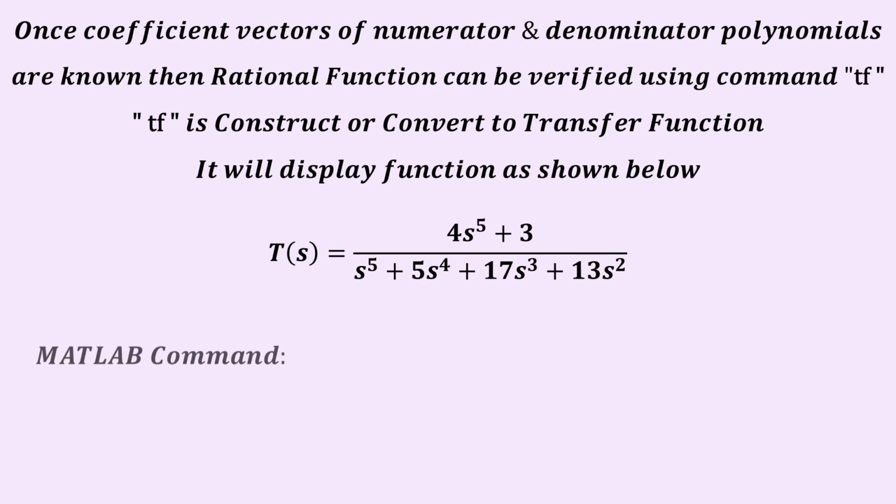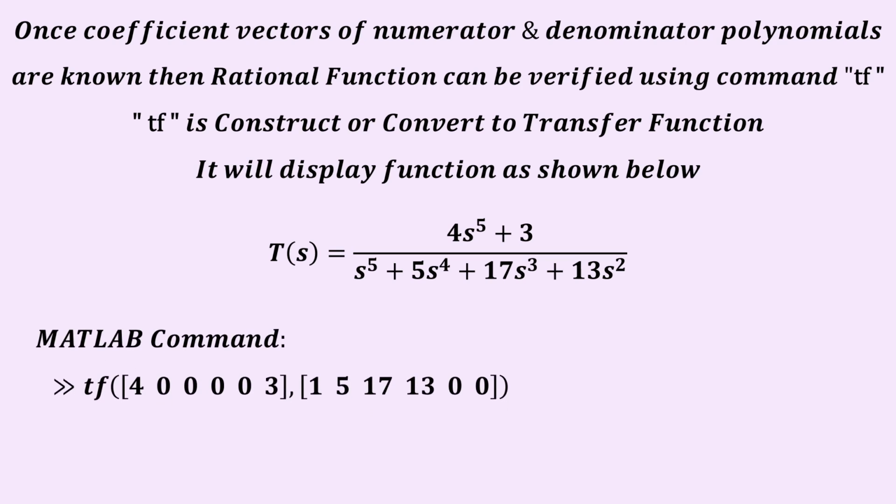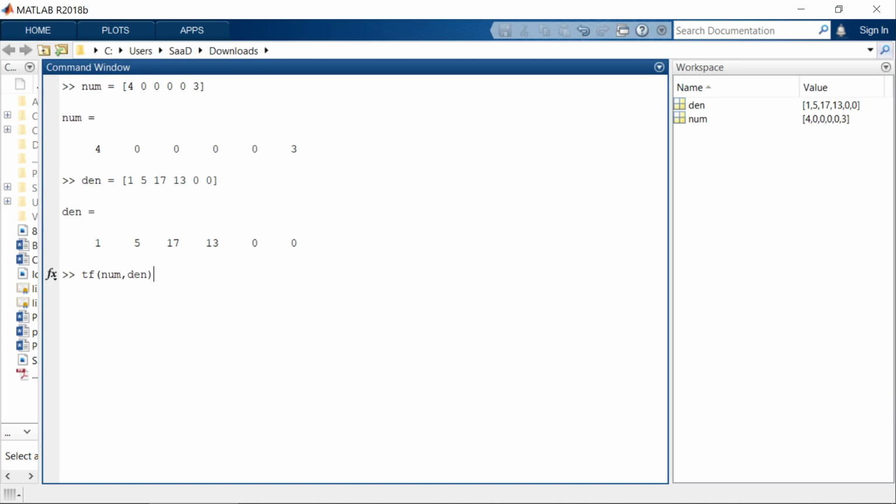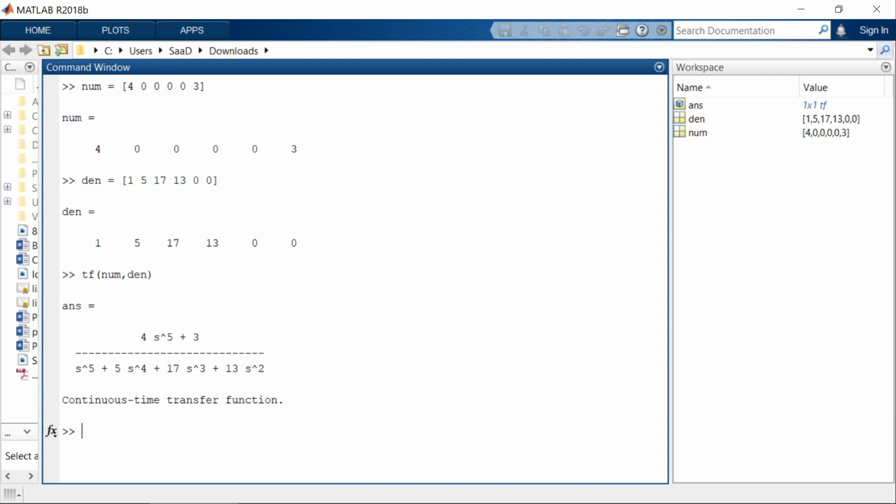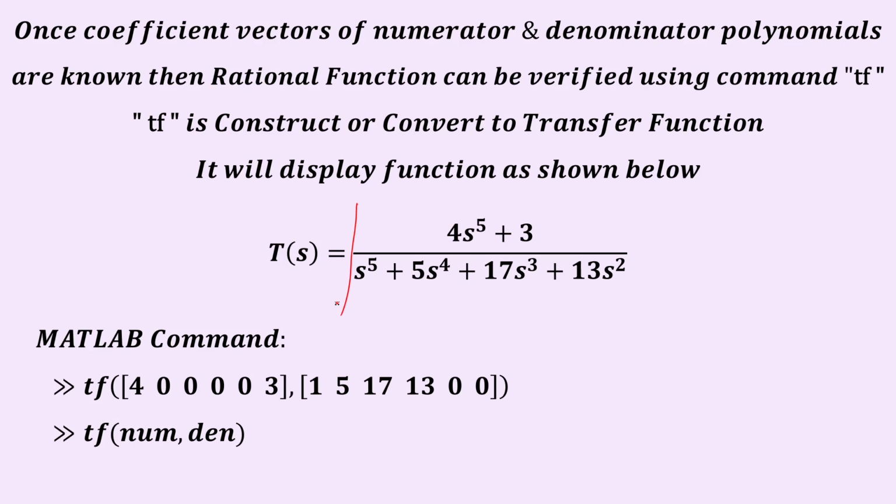In MATLAB, we have to give the coefficient vectors to the tf command like this. This complete transfer function, the rational function form, can be verified in the MATLAB environment.